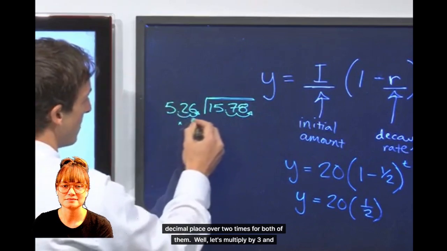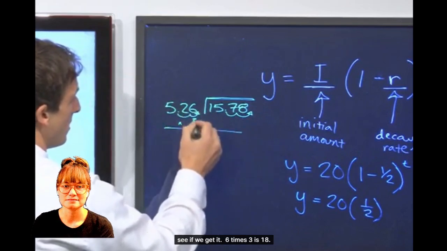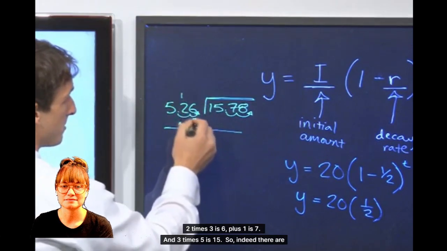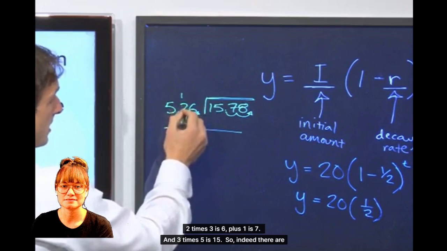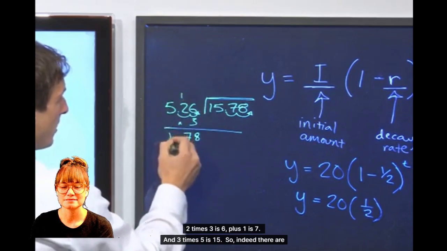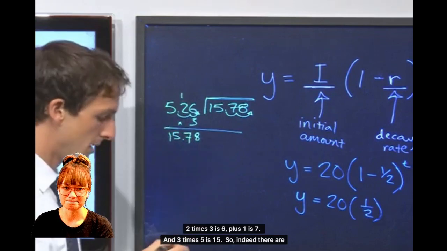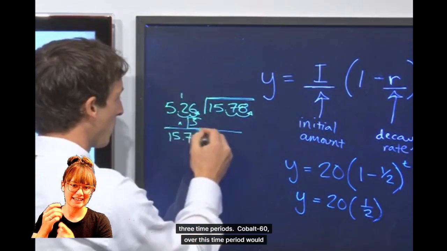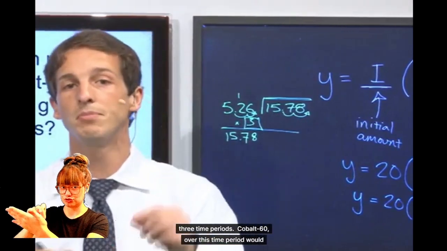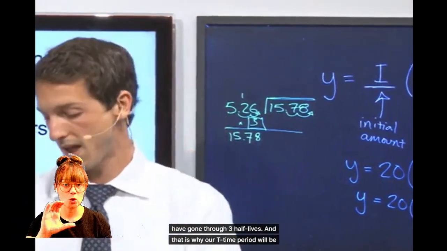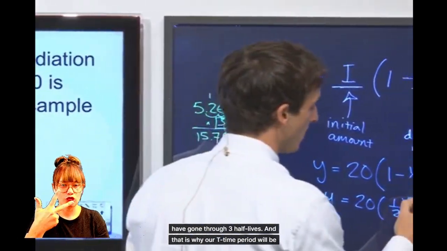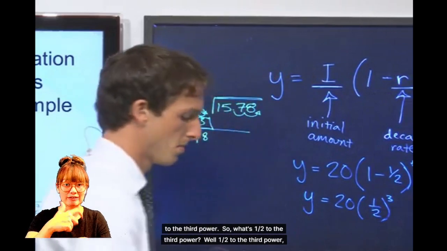Well, let's multiply by 3 and see if we get it. 6 times 3 is 18. 2 times 3 is 6, plus 1 is 7, and 3 times 5 is 15. So indeed, there are 3 time periods. Cobalt-60 over this time period would have gone through 3 half-lives. And that is why our t time period will be to the 3rd power.